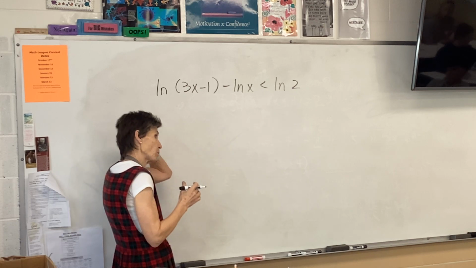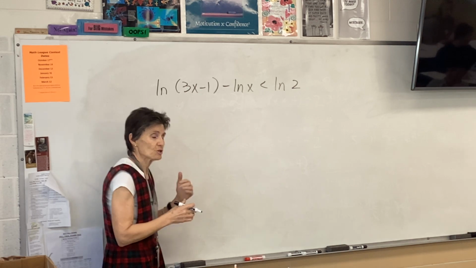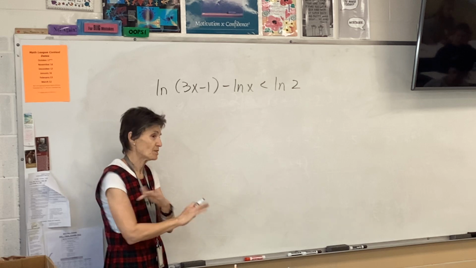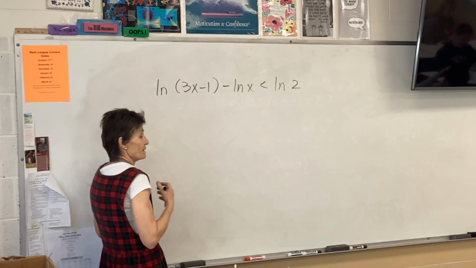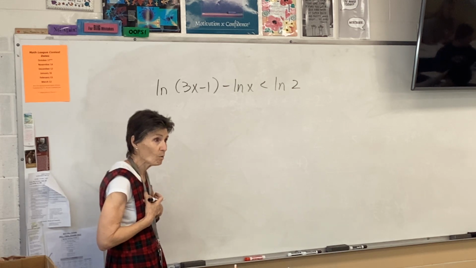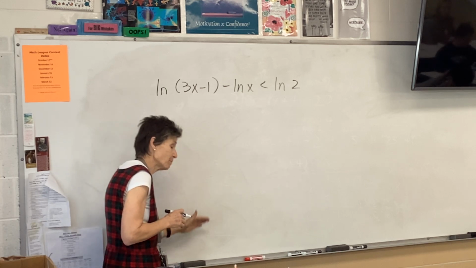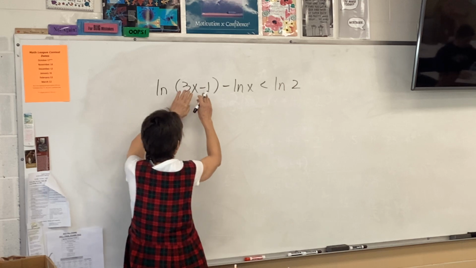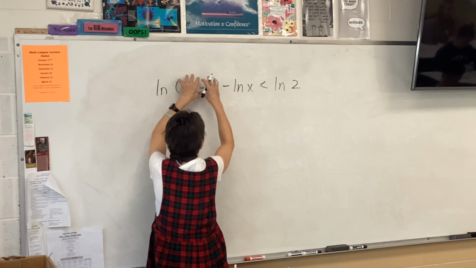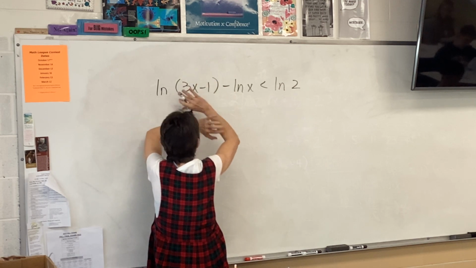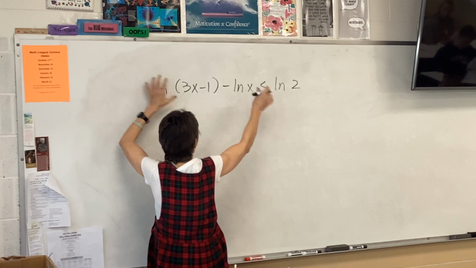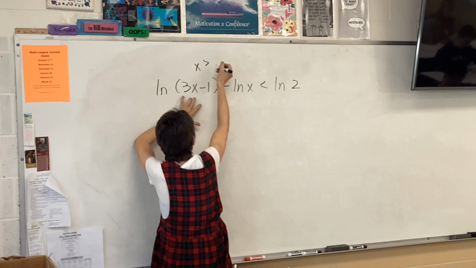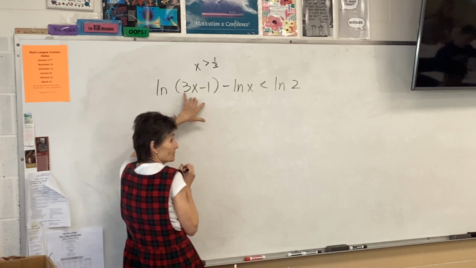this is a logarithm problem. Logarithms have issues with domain, period. They just do. So, at some point, it can be now, it can be at the end of the problem, it can be any time. You have to take note that this must be positive. So whatever else goes on in this mess, x has to be greater than 1/3.